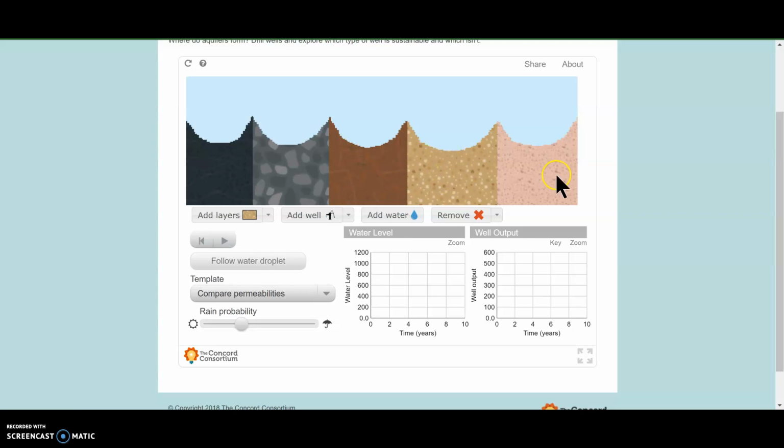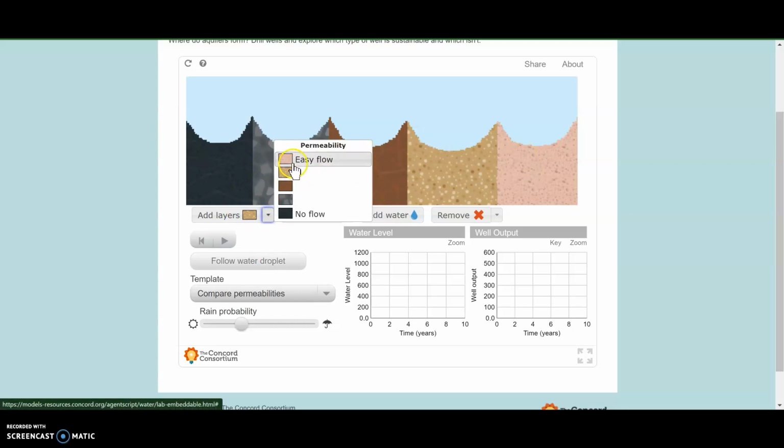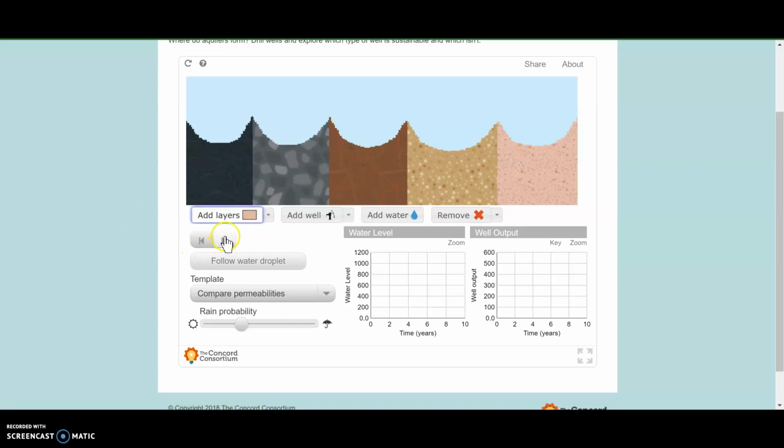This would be sand, and then this would be a loose permeability, perhaps some clay. It doesn't readily tell you those things here. It's just something that I know from doing it. So I'm going to try to get off of here. Okay. I don't need to add anything. I was just showing you what it looked like.